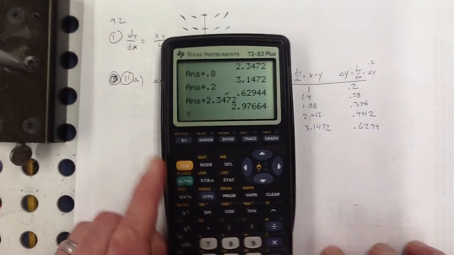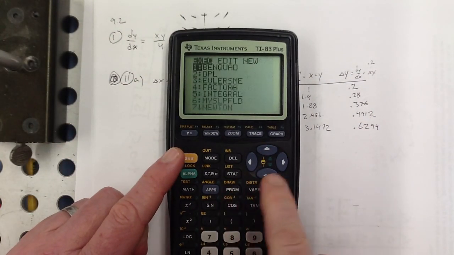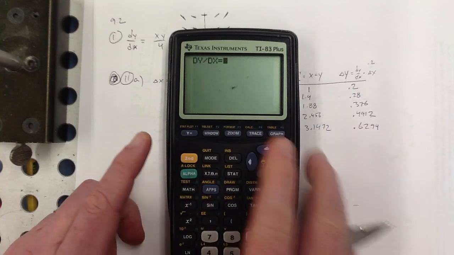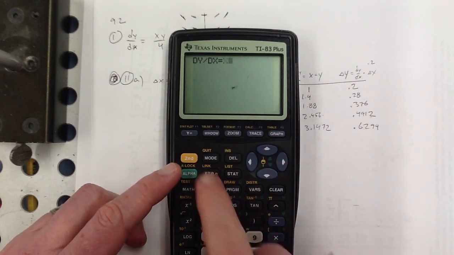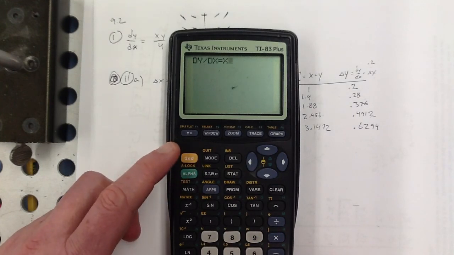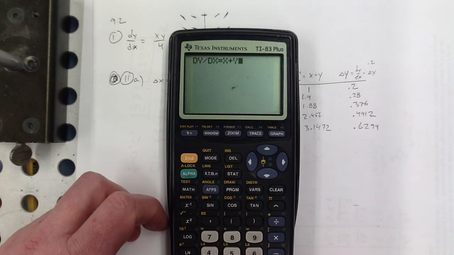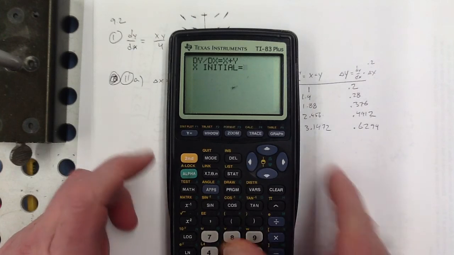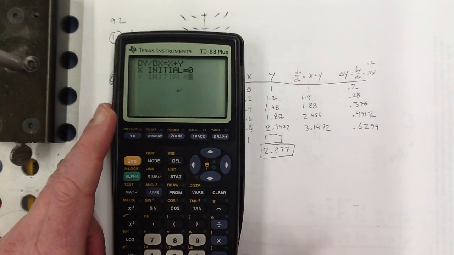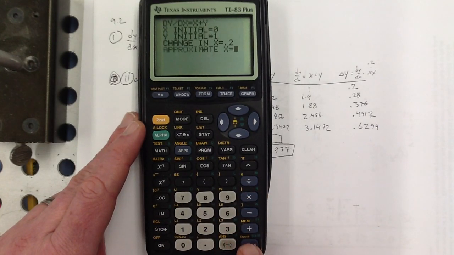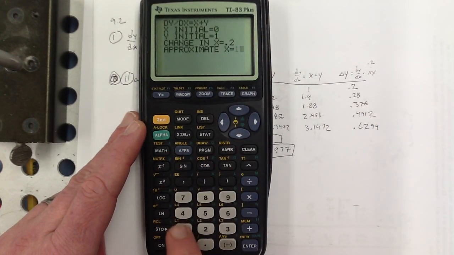I'm not going to spend too much time here showing you this, but I wrote a program for my calculator called Euler's method, where you put in the dy dx, which here was x plus y, and your initial x value, which is 0, initial y value, and then your delta x, and we want to approximate it at x equals 1.